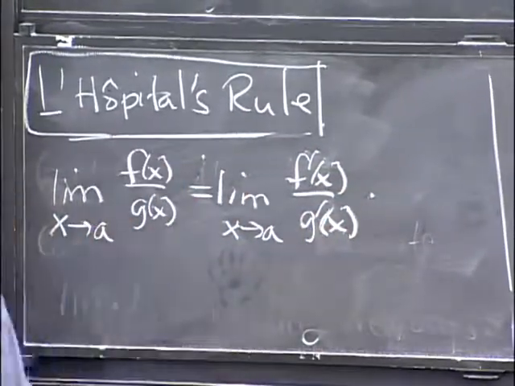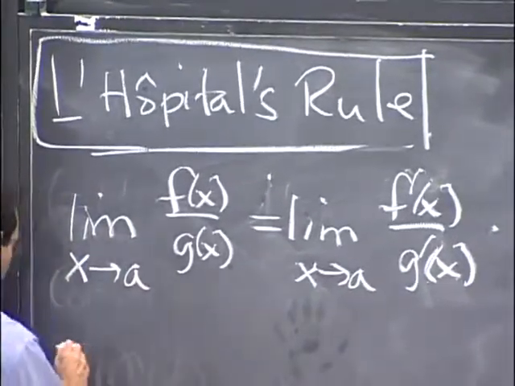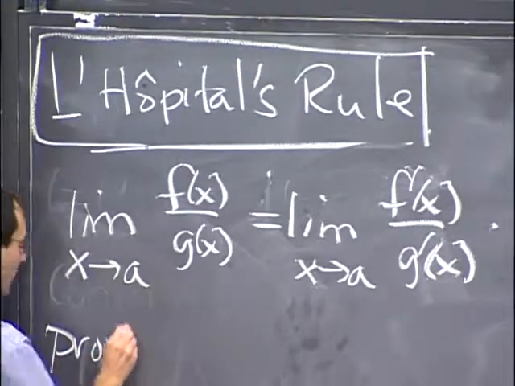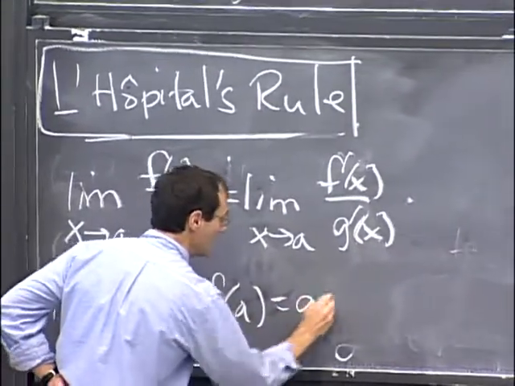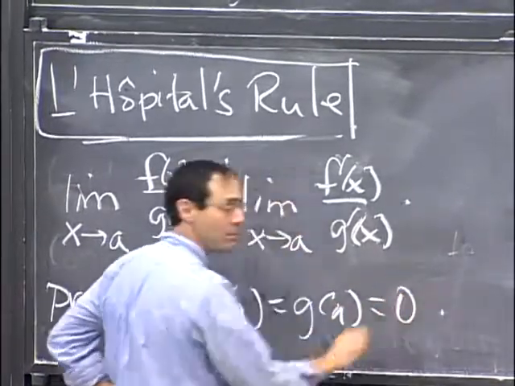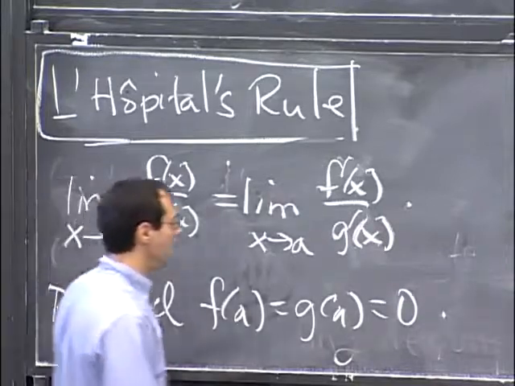That's the property, and this is what we'll always be using. Very convenient thing. And remember, it was true provided that f of a was equal to g of a was equal to 0, and that the right-hand side exists.